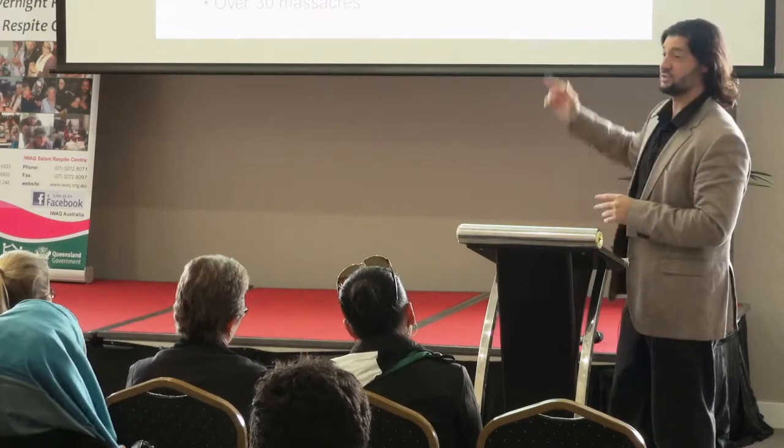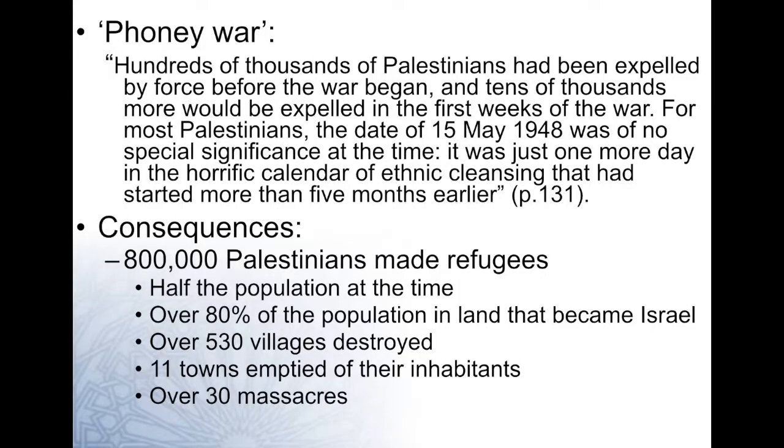And even Israeli historians are supporting that point about over 500 villages being destroyed. 11 towns were completely emptied of their Palestinian inhabitants. These were towns where there were mixed populations between Jewish and Palestinian people, because it's important to remember that there was no conflict between Jews and Arabs prior to the 1920s, basically.